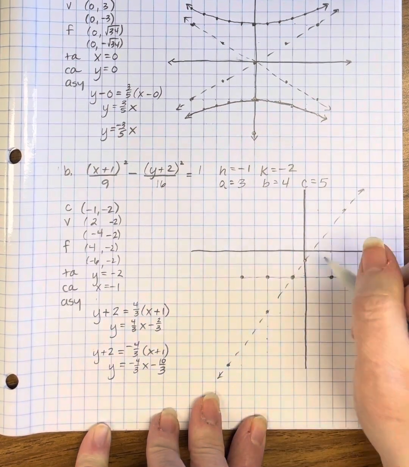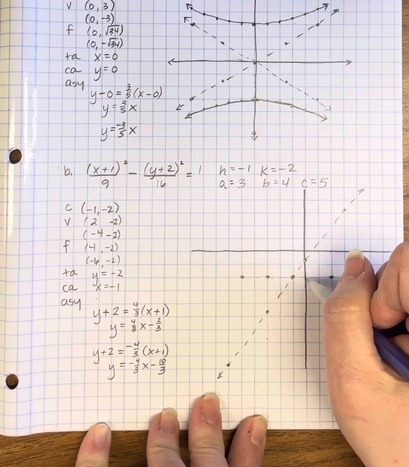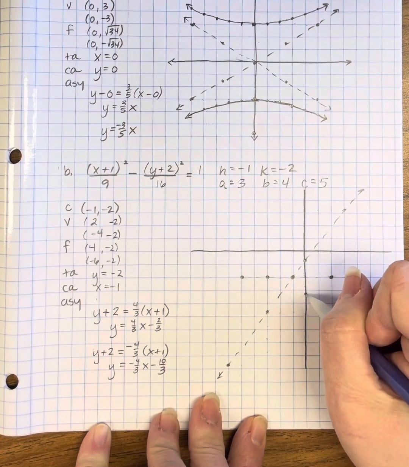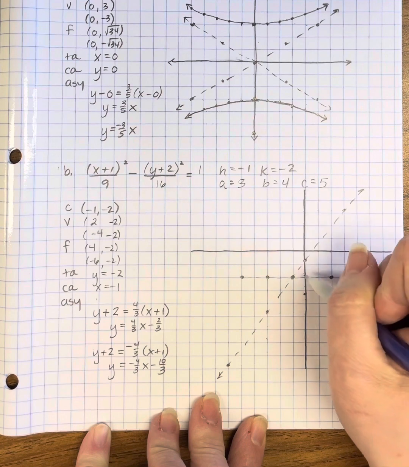And then the other one is a negative 10/3. And my slope is a negative 4/3.